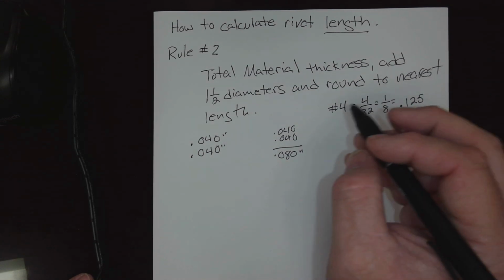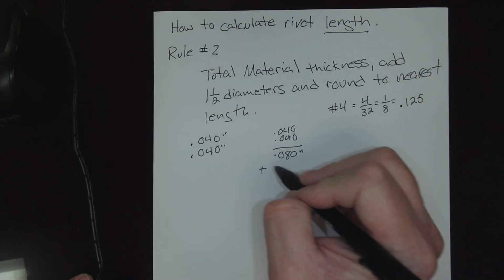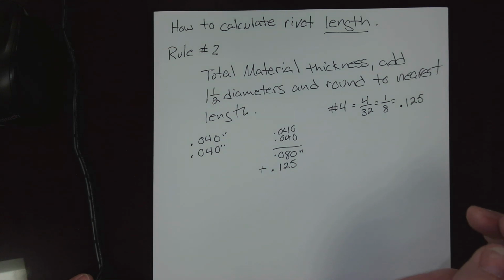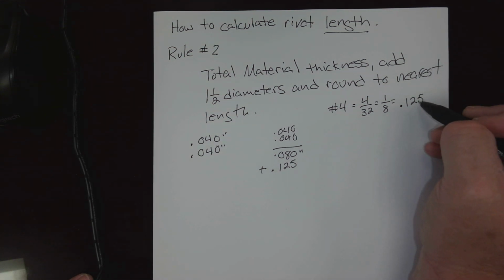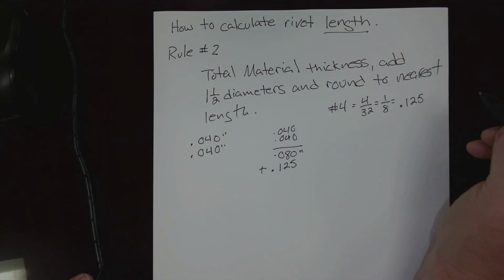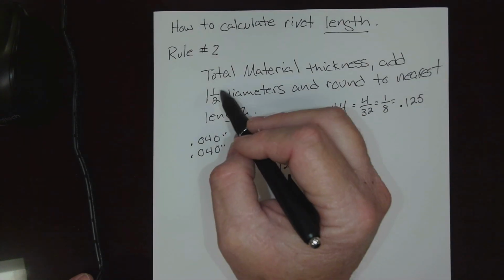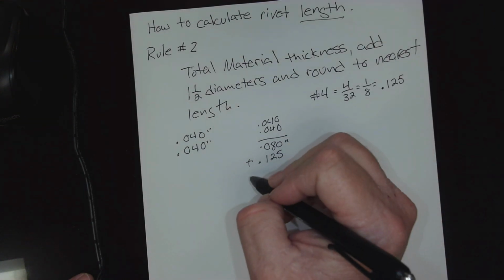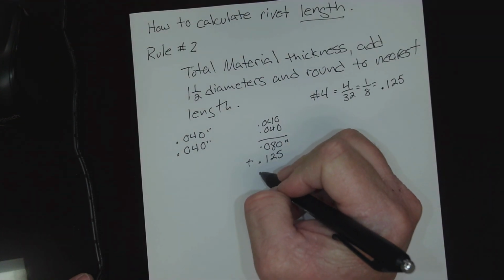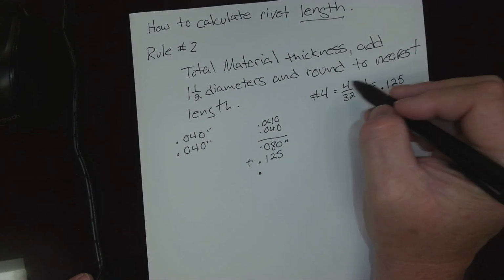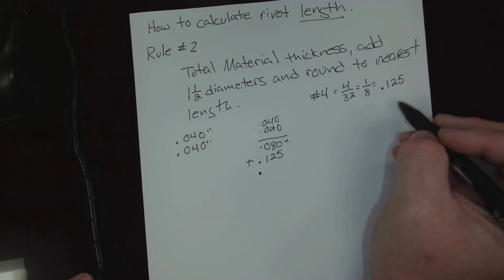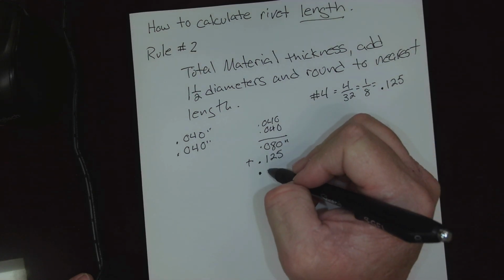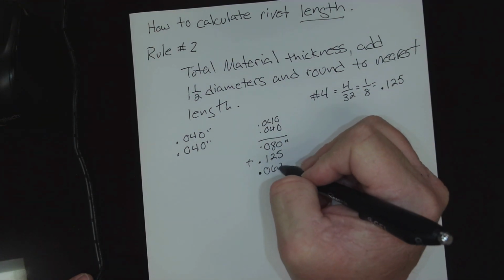We could add this to our 80 thousandths, and that would account for 1 diameter, but the rule states 1.5 diameters. So we would also need to come back and add 1/2 of this number 4, which if we took half of 0.125, that would be 0.0625.